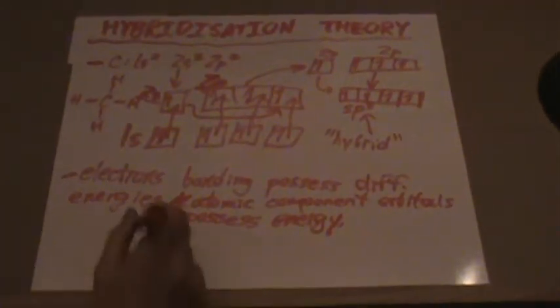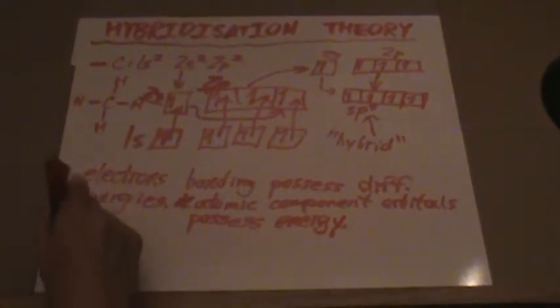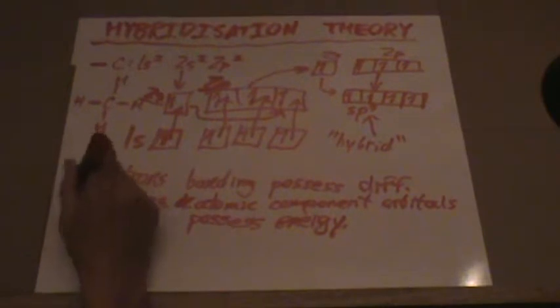And that is why this idea of sp3, bringing the orbitals together, allows us to solve this difficulty with the energy levels that the electrons bonding are in.